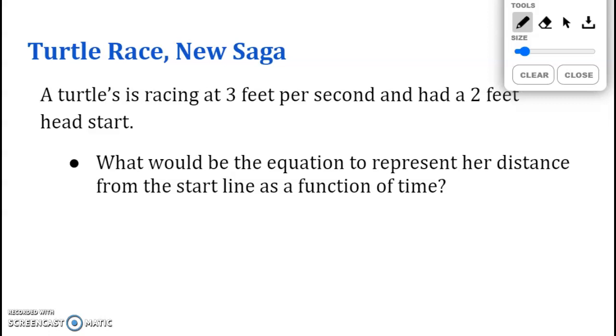Remember y is equal to mx plus b. M can represent the slope, the growth in the tile growth pattern, the speed, or the unit rate. So m in this case is talking about the speed. What is the speed? It is 3 feet per second.